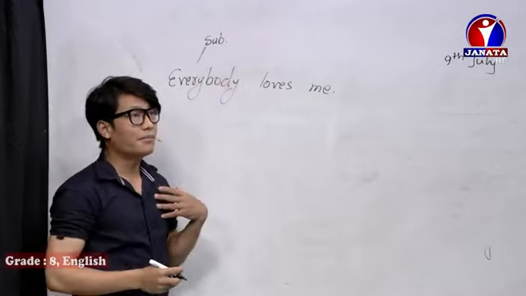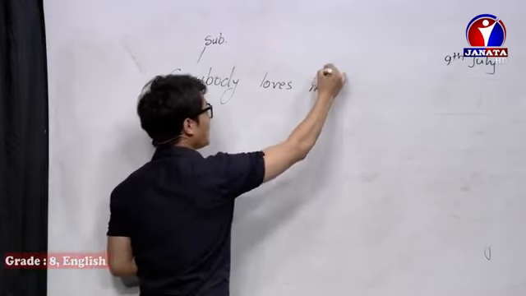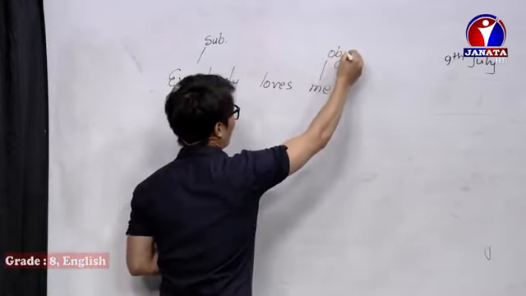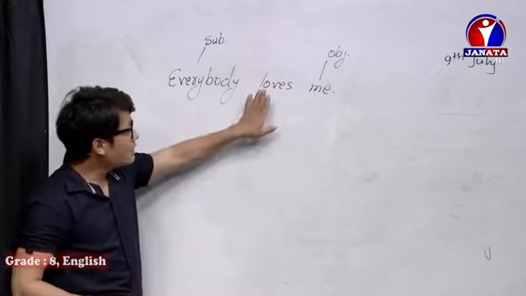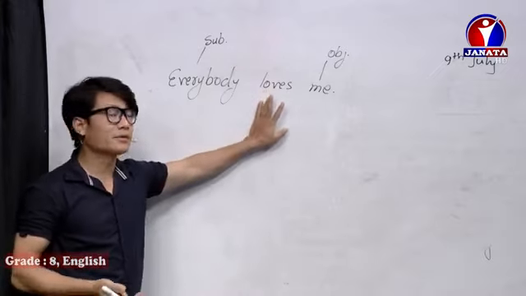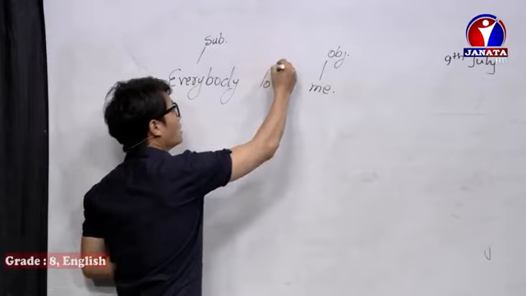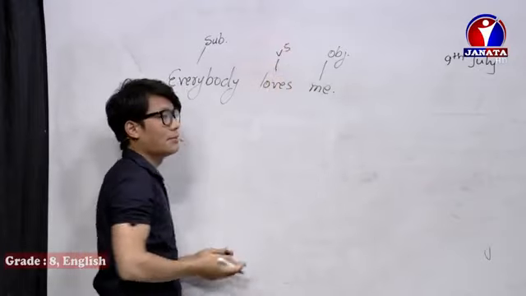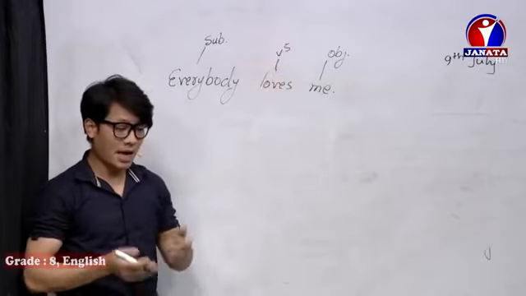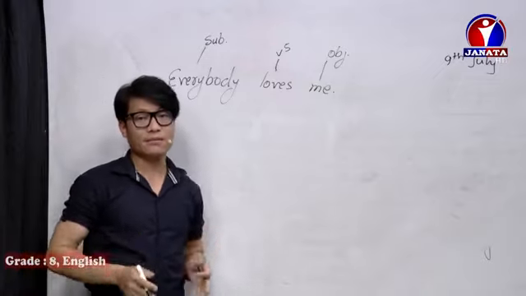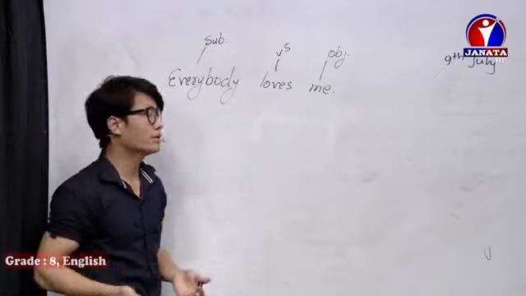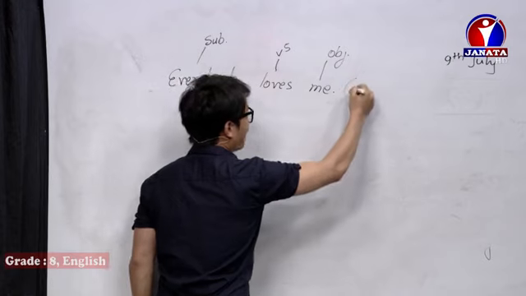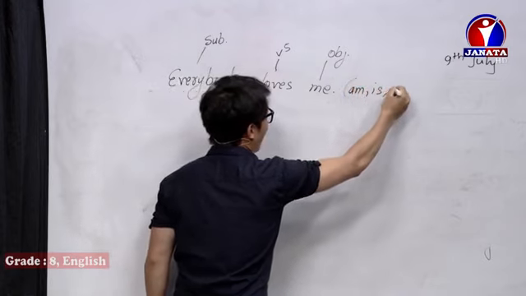So let's find the object. To whom? To me. So me is the object. And this is "loves", so this is verb 5. Verb 5 means simple present. And what are the be verbs of simple present? It's so clear: am, is, are.